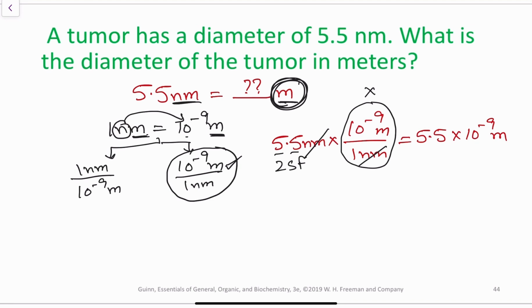From the measured number, because 1 nanometer and 10 to the power negative 9 meter are exact numbers, right? So for exact numbers, we usually don't see how many significant numbers you have. So remember that thing. You cannot use significant numbers from the conversion factor. That's why I'm just using 5.5, right? So you still have two sig fig number. So this answer is right. So this is how you normally solve it.